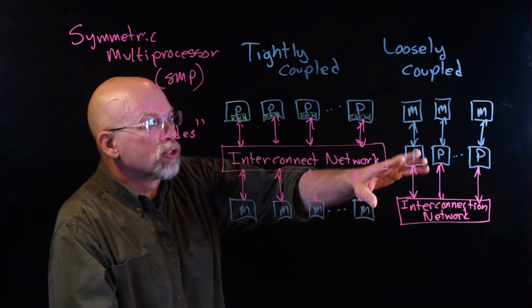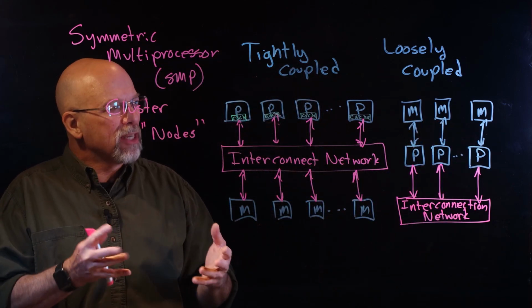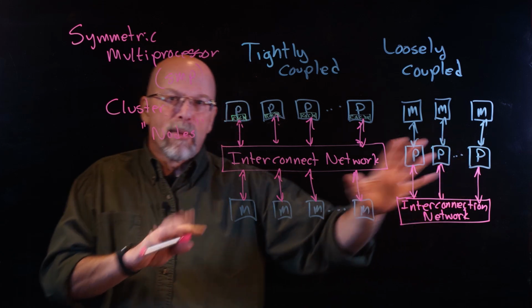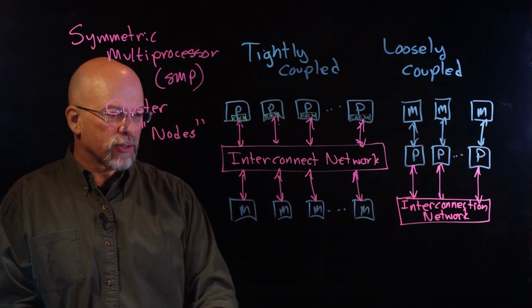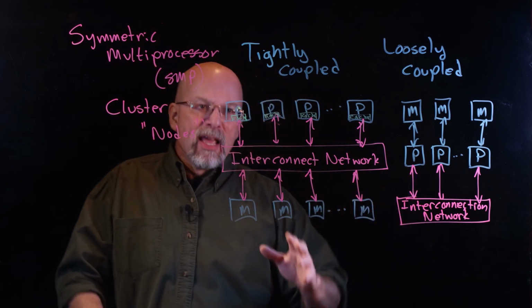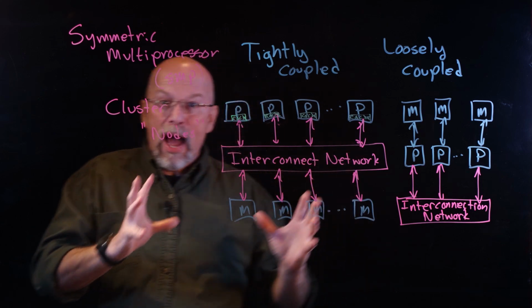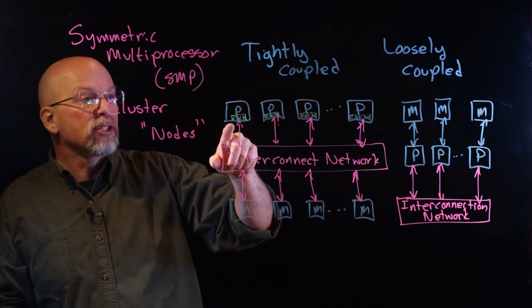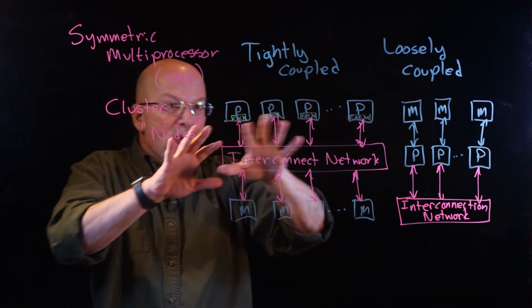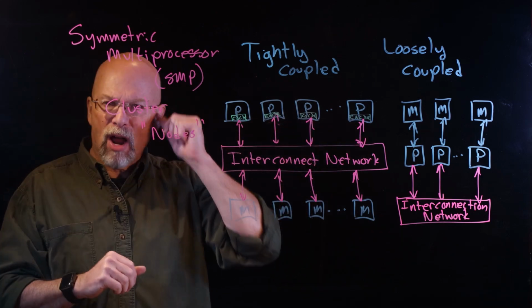Historically, clusters do not share any memory, but there has started to be a little bit of research in shared memory models for these clusters. Now, another requirement of clusters: if you look at the tightly coupled model, there's usually one operating system, run across or distributed across these processing units.